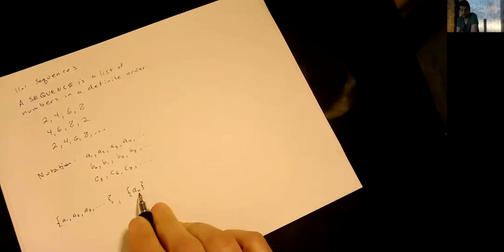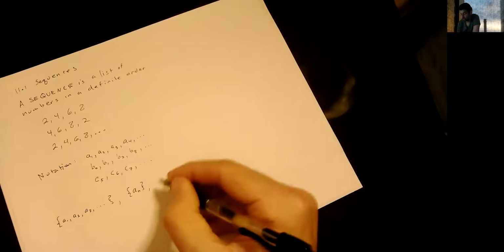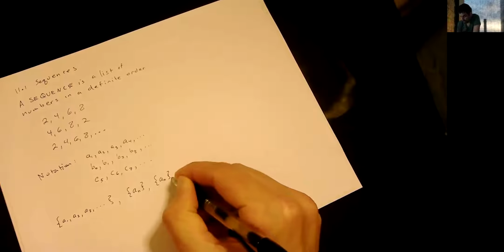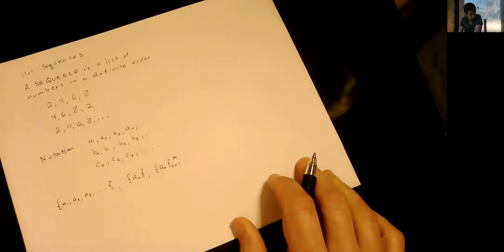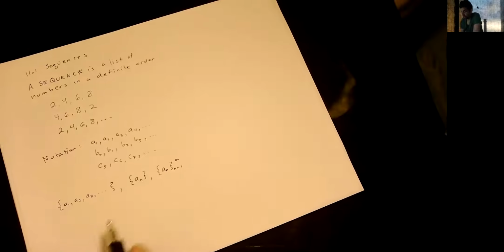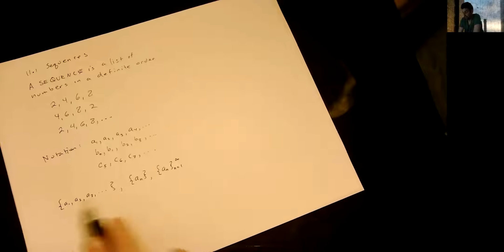We're not saying where it starts or ends, just saying we have some sequence of numbers. Or we might write A sub n and give some limits, like n goes 1 to infinity, okay? So that's just notation, right? All of these things just represent a list of numbers in a definite order, with that being the first, and on and on.